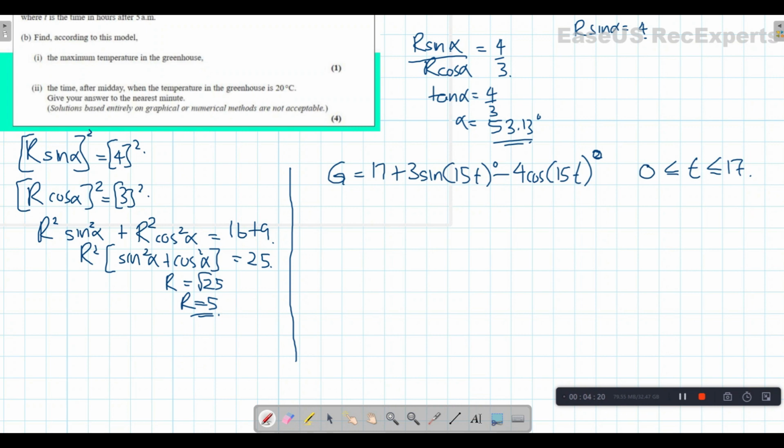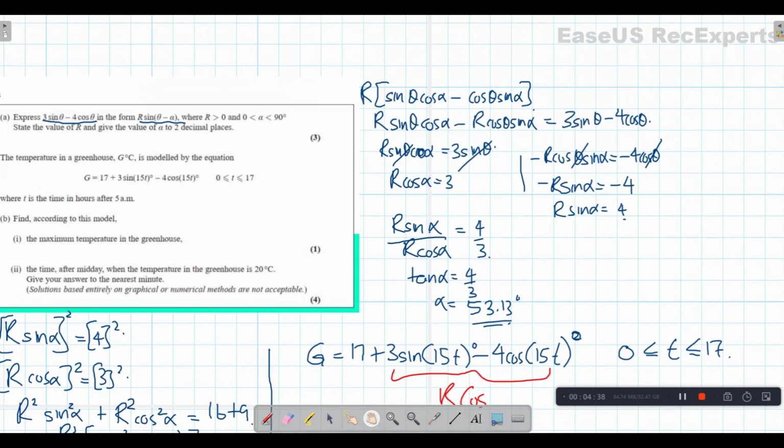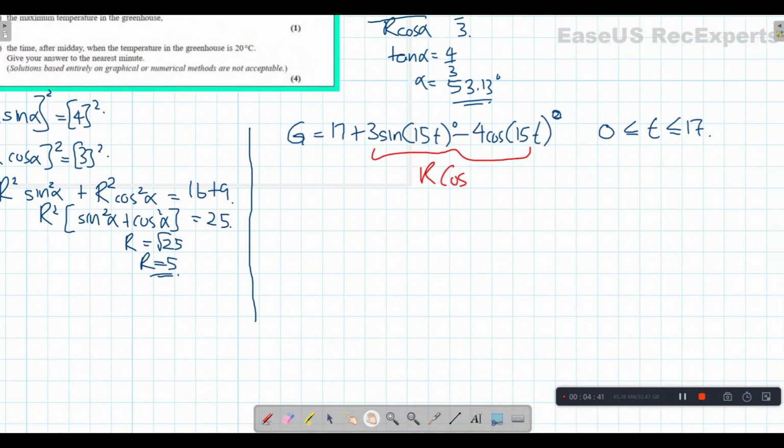Okay, the maximum temperature, if you look at it, this part here can be written as r sine theta minus alpha, and we already have that, which is 5 sine theta minus 53.13 degrees.